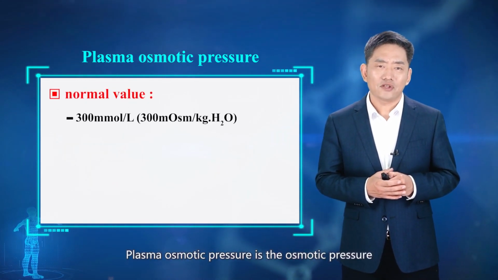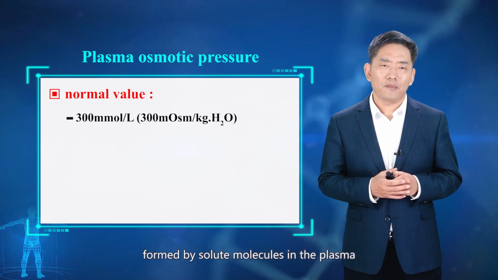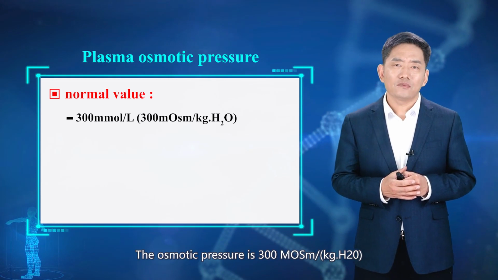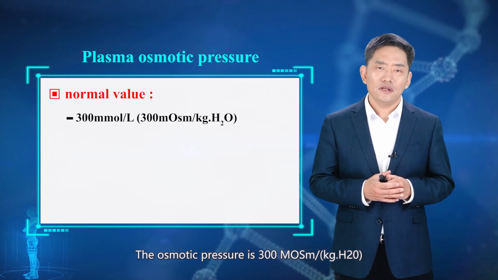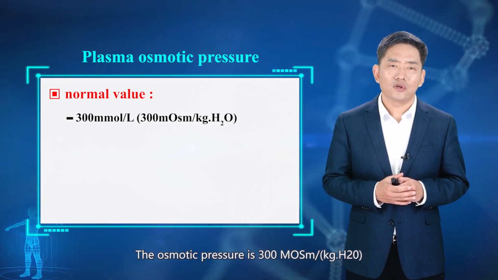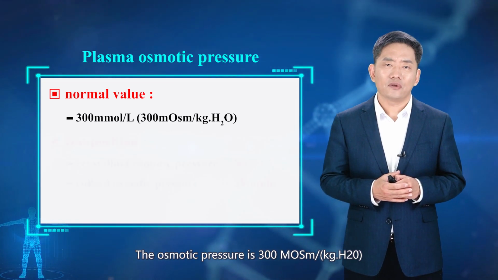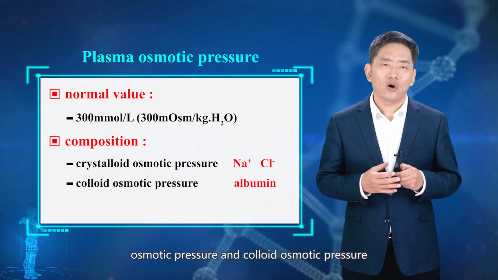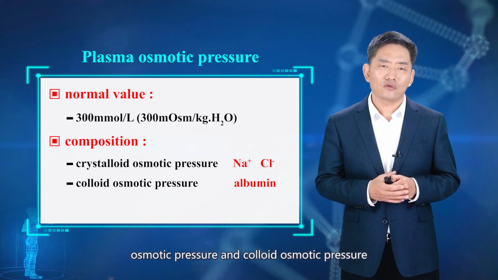Plasma osmotic pressure is the osmotic pressure formed by solute molecules in plasma. The osmotic pressure is about 300 mOsm per liter of plasma. Plasma osmotic pressure is divided into crystal osmotic pressure and colloidal osmotic pressure.